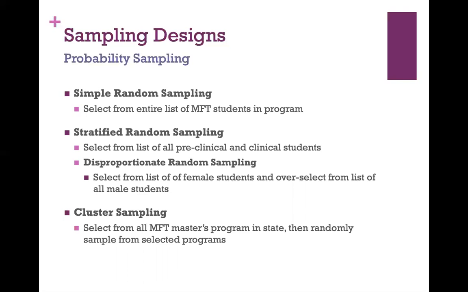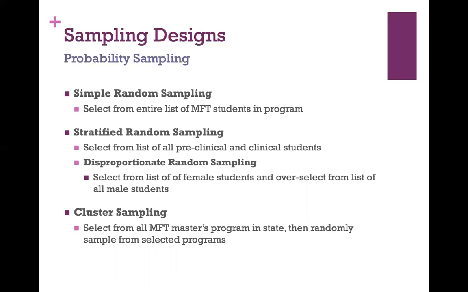Assuming that the entire population isn't half and half, this would be a way of equally selecting from both groups, but still doing so randomly. And now if you have overrepresented or underrepresented groups, then you can disproportionately randomly sample. So if I had a list of all female students and a list of all male students, I might want to over select from the list of all male students to have more balanced representation between the two genders in my sample.